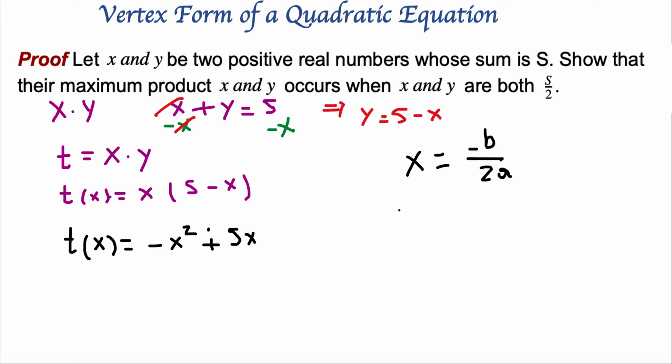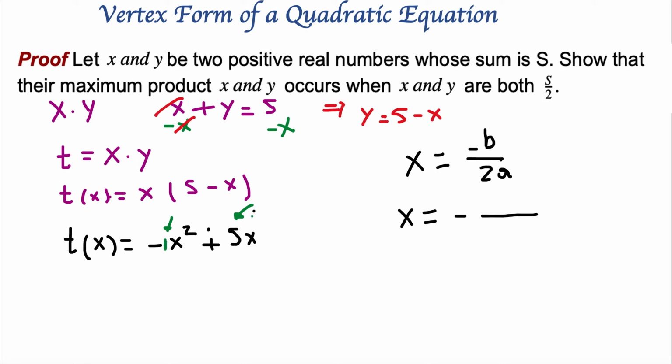But x here is equal to minus b over 2a, so we look at the quadratic equation we have. Minus b is s here, because the b is the coefficient of x, and the leading coefficient here is an invisible 1.